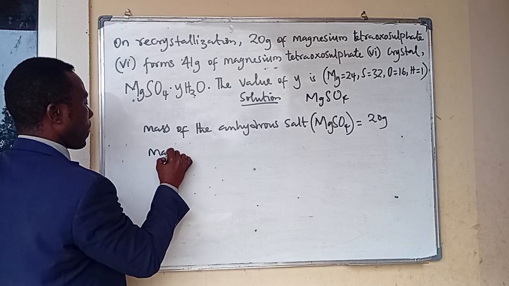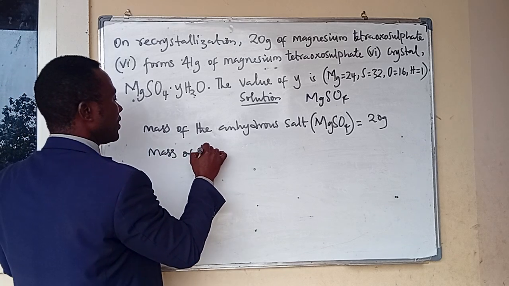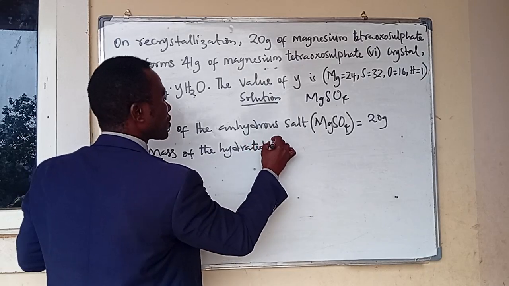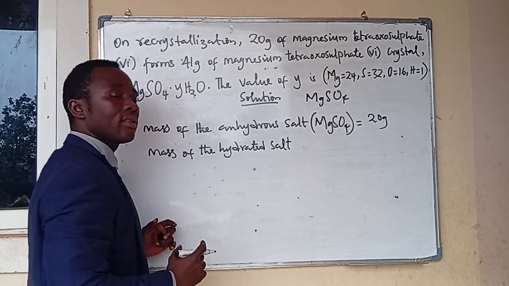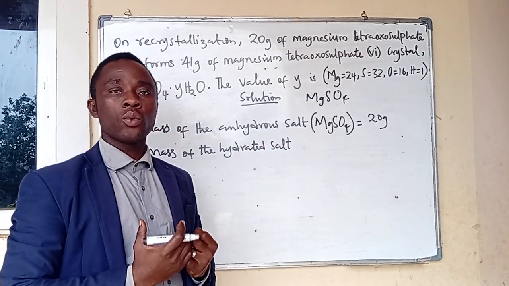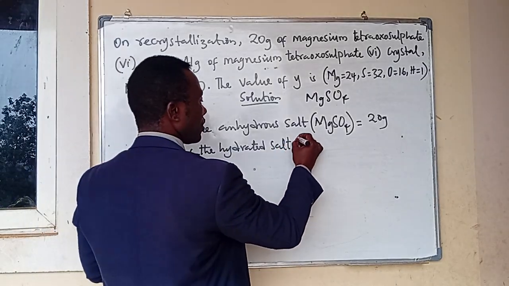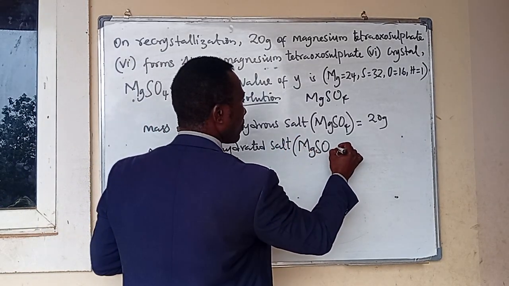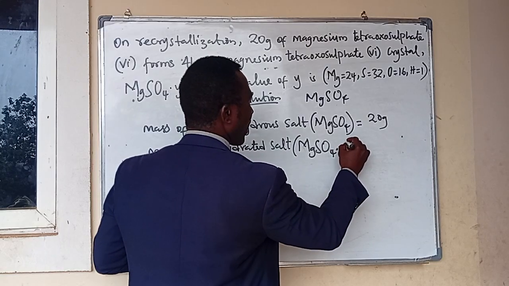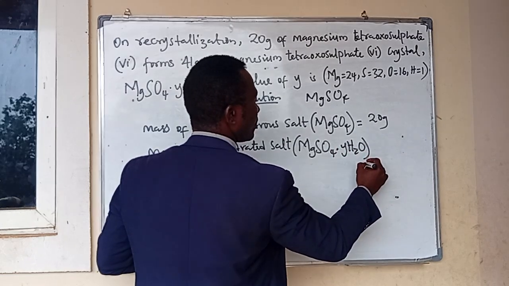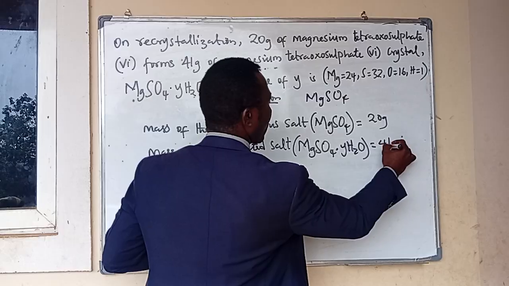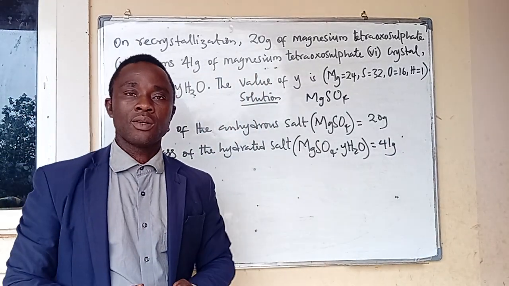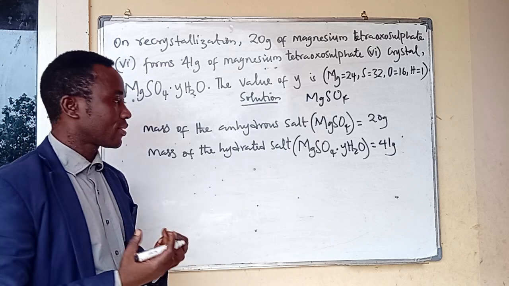Then the mass of the hydrated salt, that is when it has crystallized out with water of crystallization, remember the formula is MgSO4.YH2O. The mass is 41 gram. What do you think will be the mass of water that was crystallized?